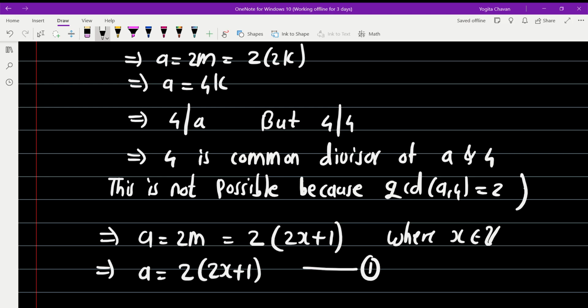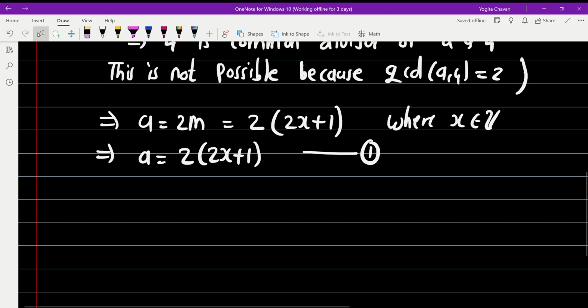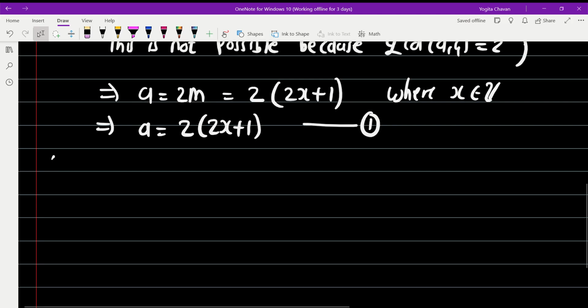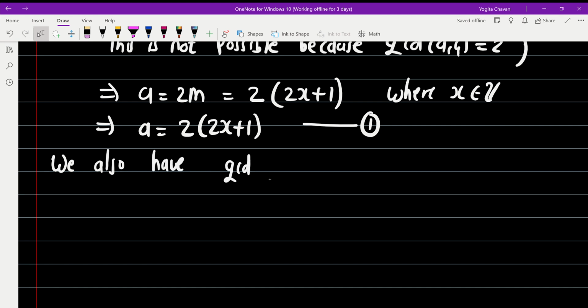Suppose this is number 1. Now we also have GCD of B and 4 is equal to 2.